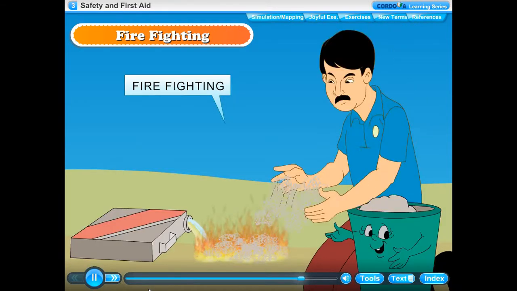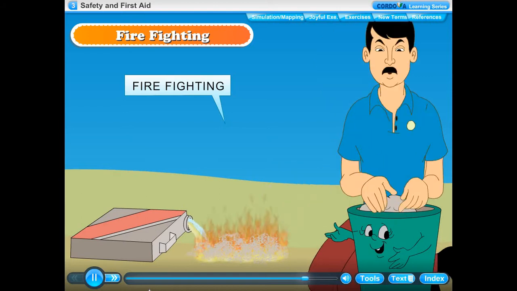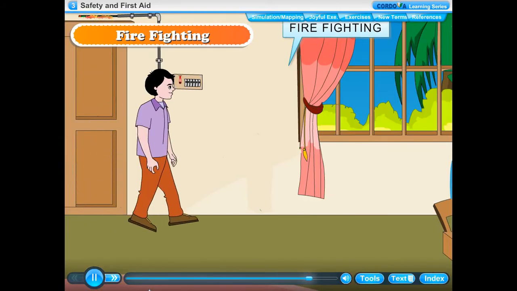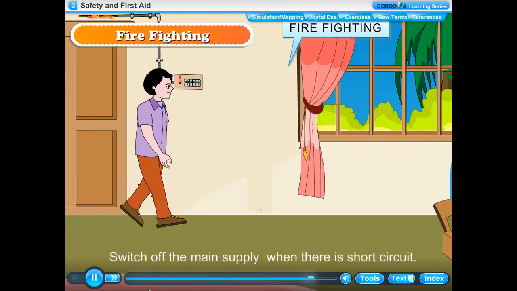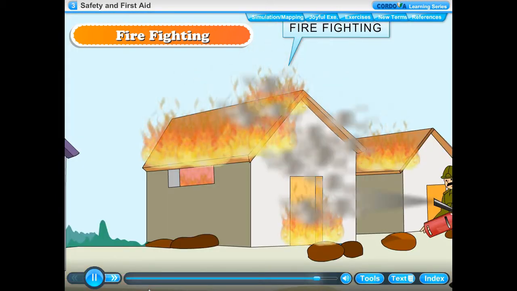When the fire is caused due to an electric short circuit, it can be extinguished by throwing sand over it. Switch off the main supply immediately to prevent spread of fire. Smaller fires are also extinguished by some special devices called fire extinguishers.